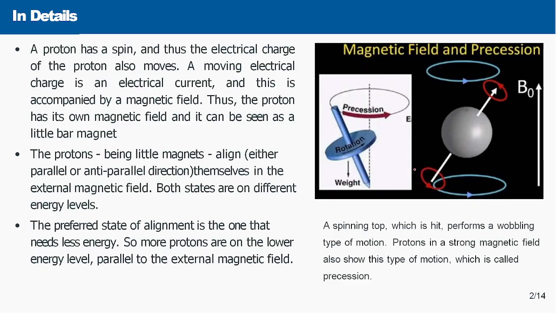Now if a single proton which is spinning is under the influence of a strong magnetic field, what happens? They align themselves in a particular direction, no doubt, but they do not stand still or cease their rotation.